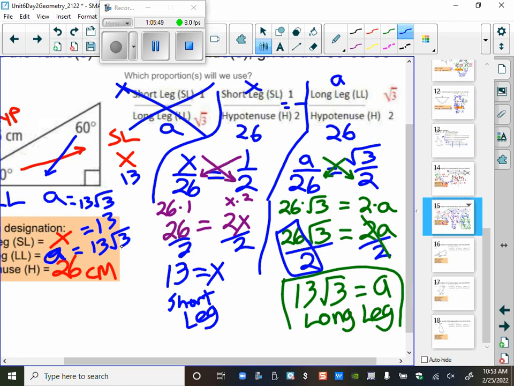Okay, questions? These aren't too bad, right? Once we figure out what's what, we can knock these proportions out, yeah? Pretty easy. All right. Questions before we go to the next problem?